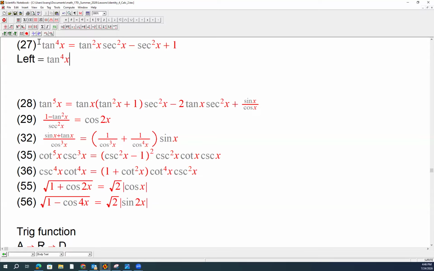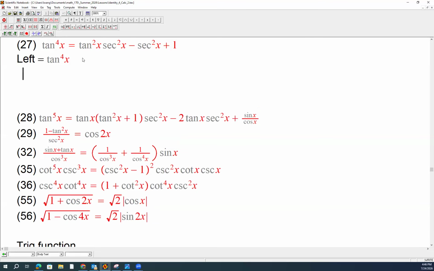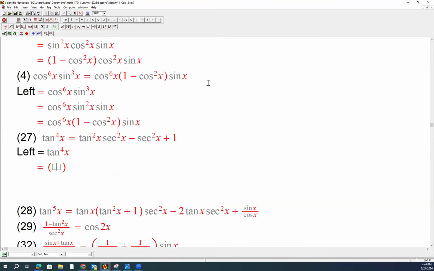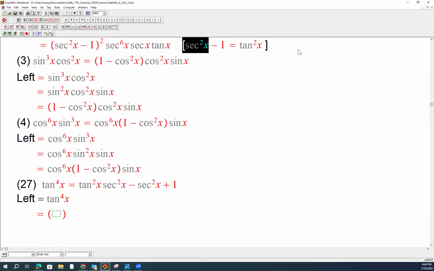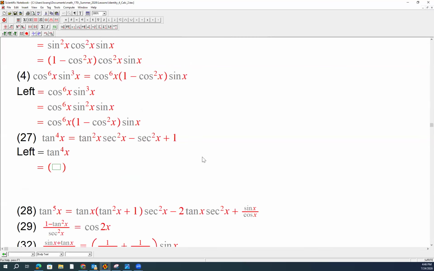What we want to do is introduce some secant squared. If you look at the right-hand side, we do have secant squared, right? So we're going to use that.